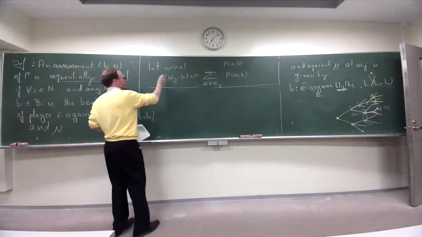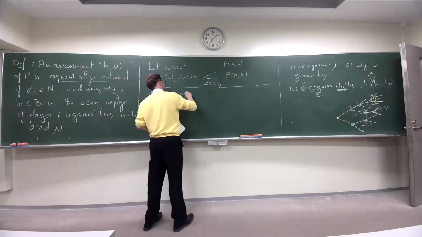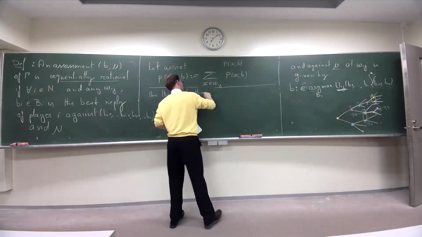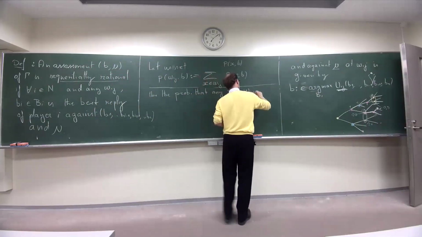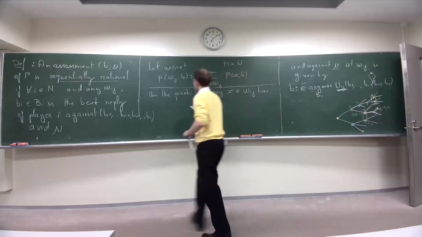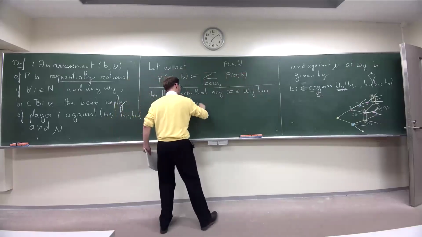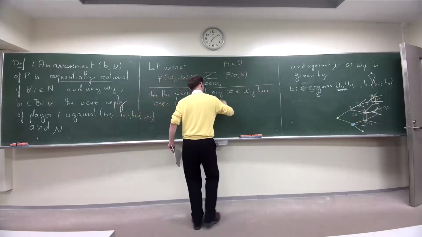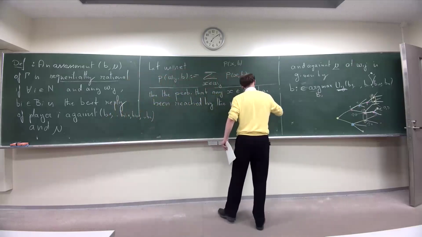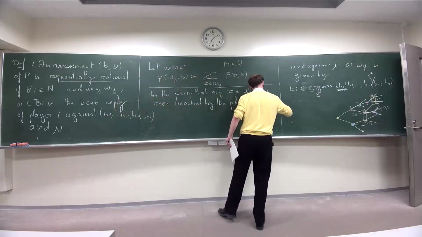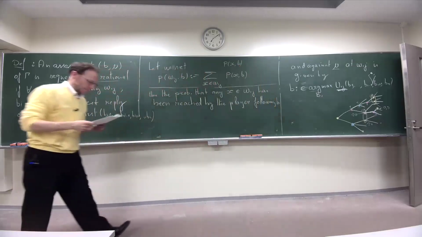It means this is the probability that any x inside omega ij has been reached by the players following B. They follow the strategy given by B, because B gives me the weights on each edge.